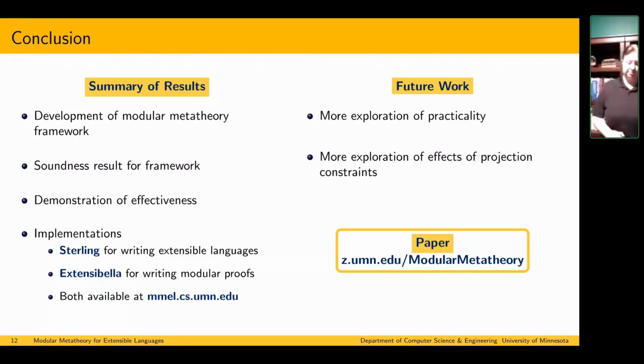Yeah, so we prevent this by restricting the proofs that we can write. So when we're writing a proof in a modular fashion, we write it in such a way that it's not going to be invalidated by definitions that are introduced by another extension. So the main way that this happens is in case analysis. So if we have case analysis on something, and in the context of a single component, we have, say, 3 rules that are applicable.